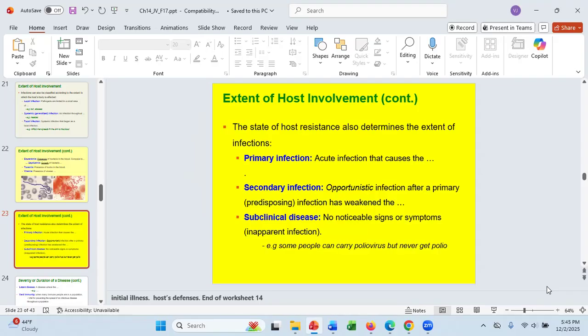Trying to think of another example of an opportunistic infection. This is not a good example, but smokers: the smoking damages the mucous membranes of the respiratory system, and so smokers are more likely to get a respiratory infection.